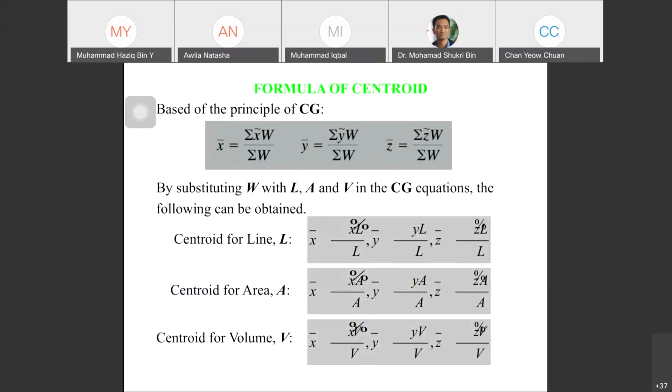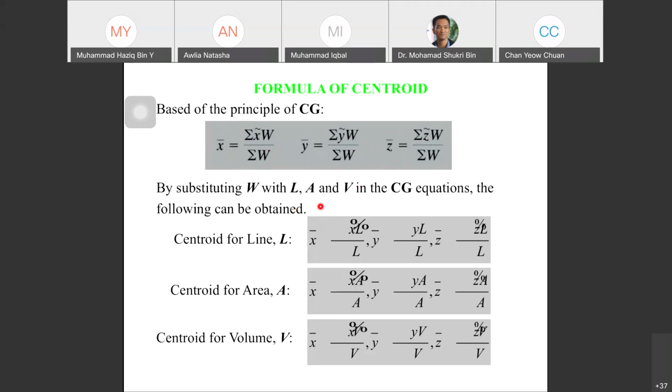The formula for the centroid is basically this one. So we need to find x bar, we need to find y bar for the 2-dimensional cases, and we need to find z bar for the 3D case. So the formula is summation of x bar W over summation of W. W depends on the problem.